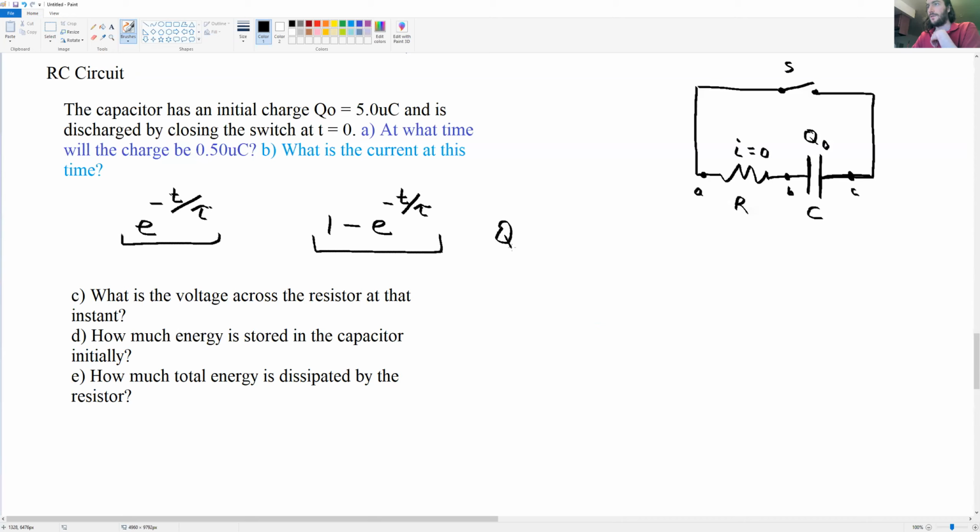So it's going to be Q of t equals Q0 times one of those functions there. Is the charge decreasing or is the charge increasing for a discharging capacitor? So that's the idea there. So I'll give you guys another 5 minutes.